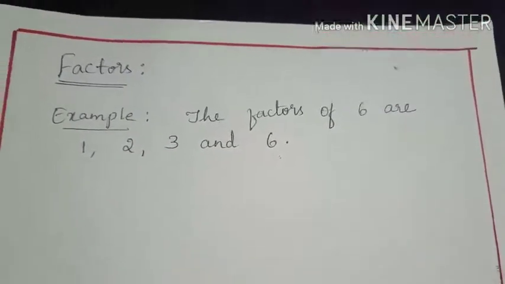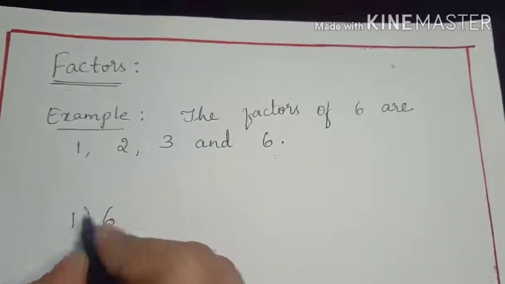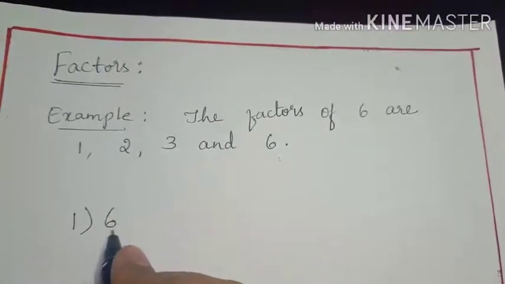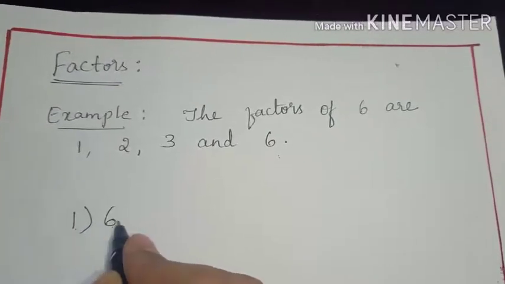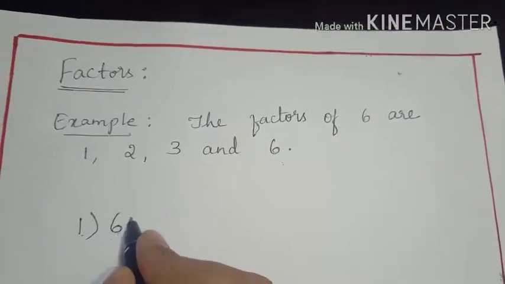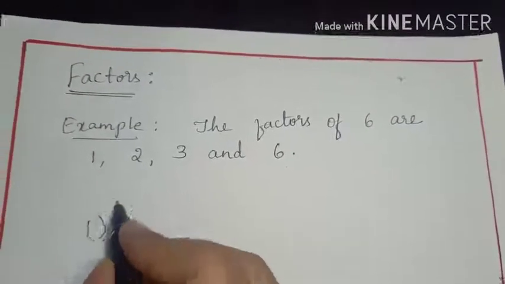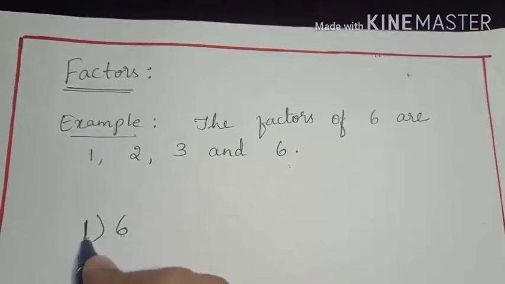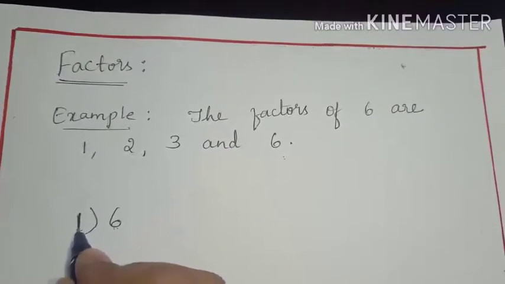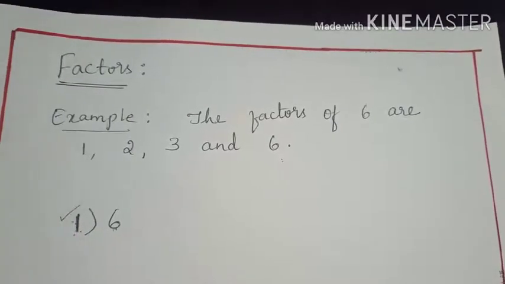See here, 6, when it is divided by 1, you know that the number in the middle is the dividend and this is the divisor. If the divisor is an exact divisor of 6, then this number we call a factor.